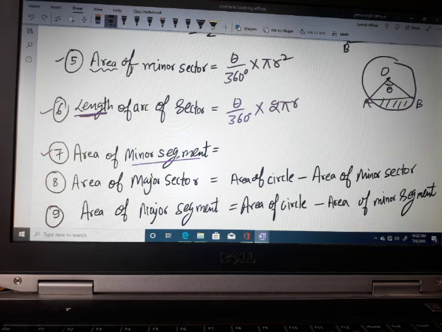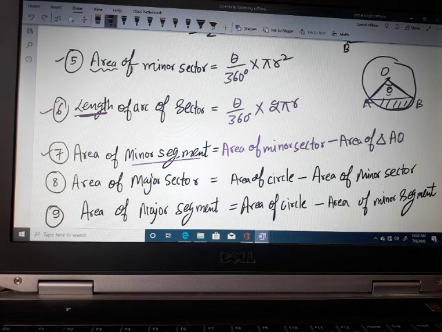That is equal to area of this sector OAB minus area of this triangle, that is equal to area of minor sector minus area of this triangle OAB, area of triangle AOB.